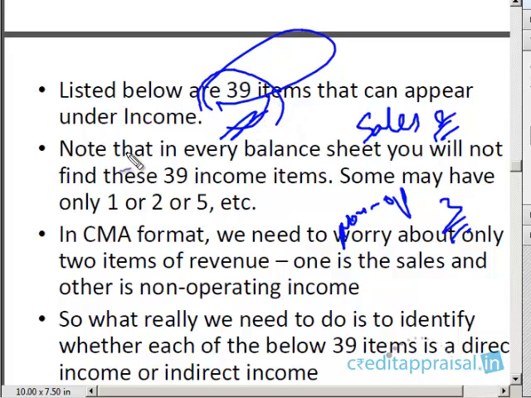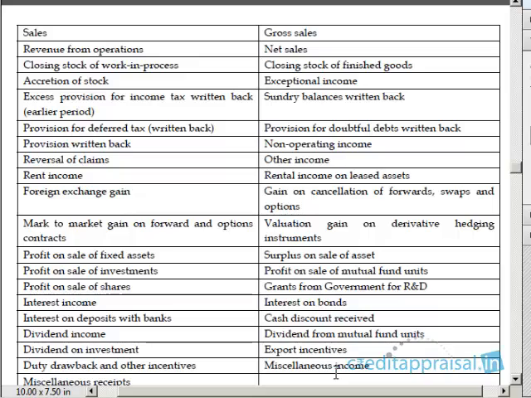So what we're going to do is take all possible items that can appear under the head of income and non-operating income and see where you have to classify them. Please remember, in CMA format we are only concerned with whether it's a direct income or a non-operating income. So all we have to do for these 39 items is just identify whether it's a direct income or an indirect income. These are all the items which you are going to come across in a typical P&L account.